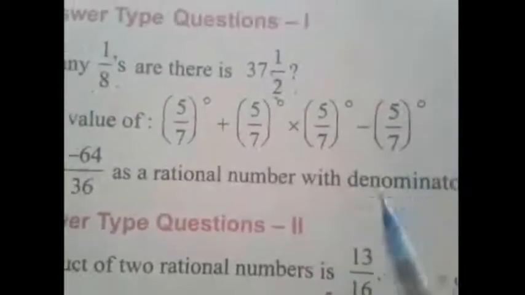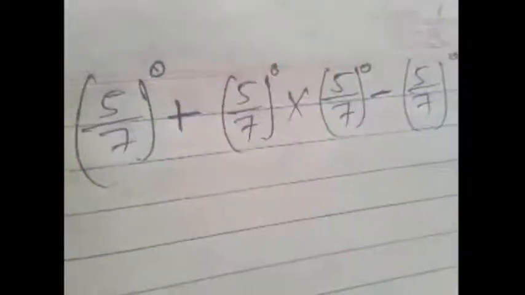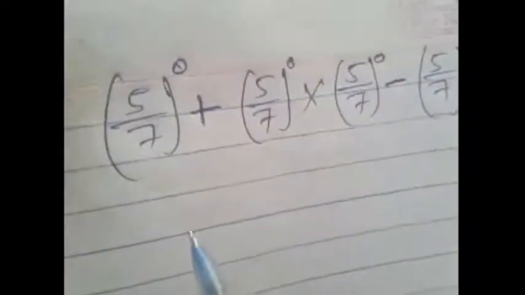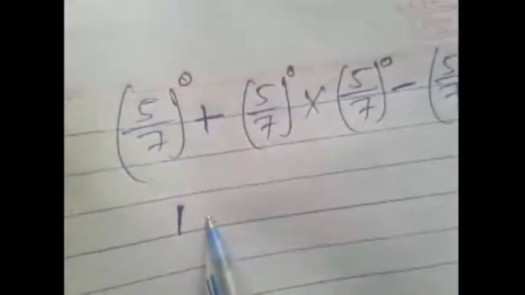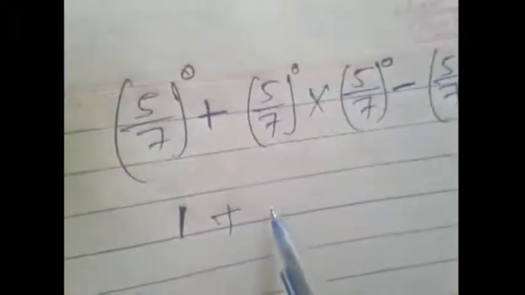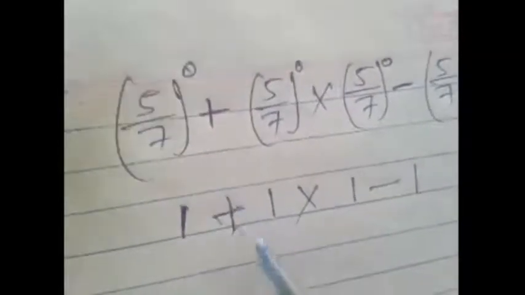Now how can we solve this value? Let us see. Now 1 plus 1 multiply 1 minus 1. There are 3 signs: plus, multiply and minus.